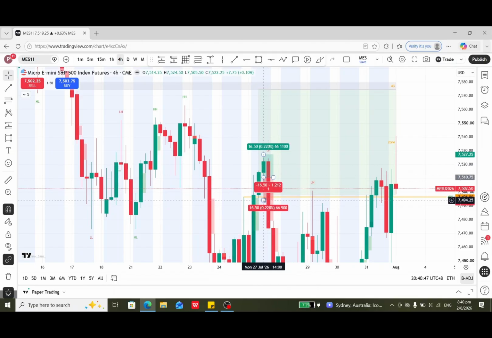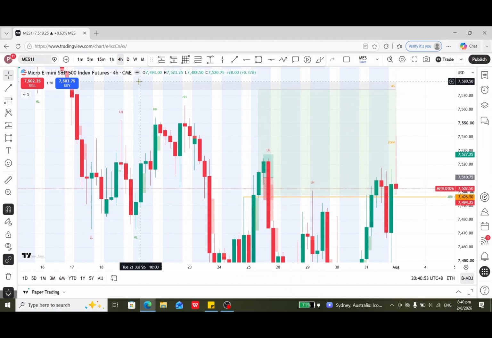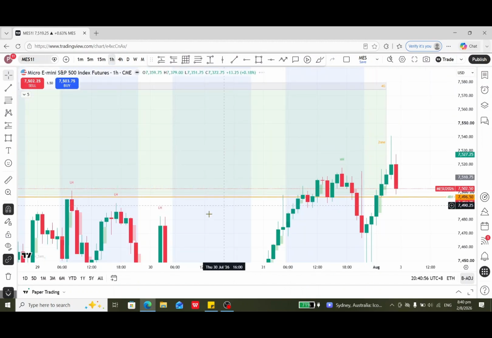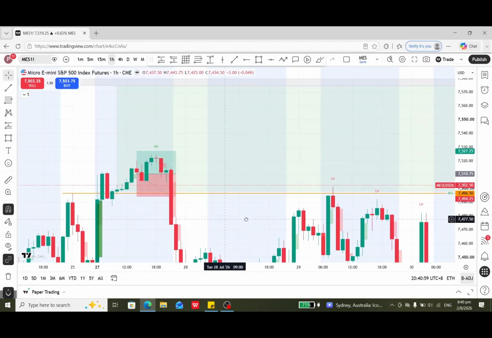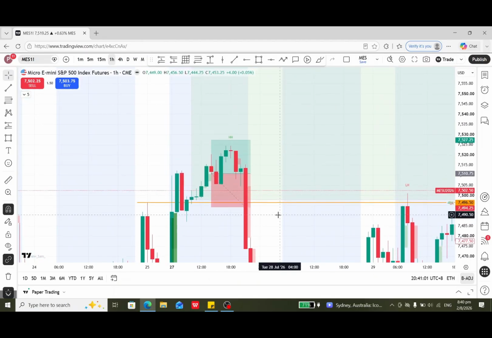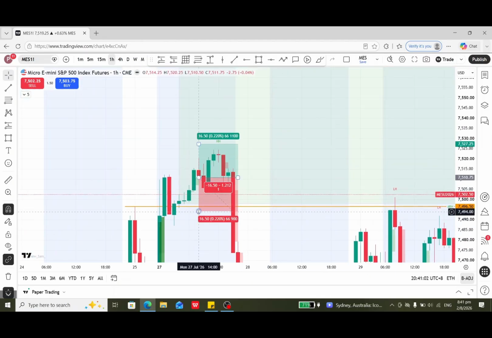So my stop loss is below this 4-hour candle, the 10 a.m. candle. Let's take a look at the 1 hour again. Initially my stop loss is here because it is based on the 4-hour candle below.